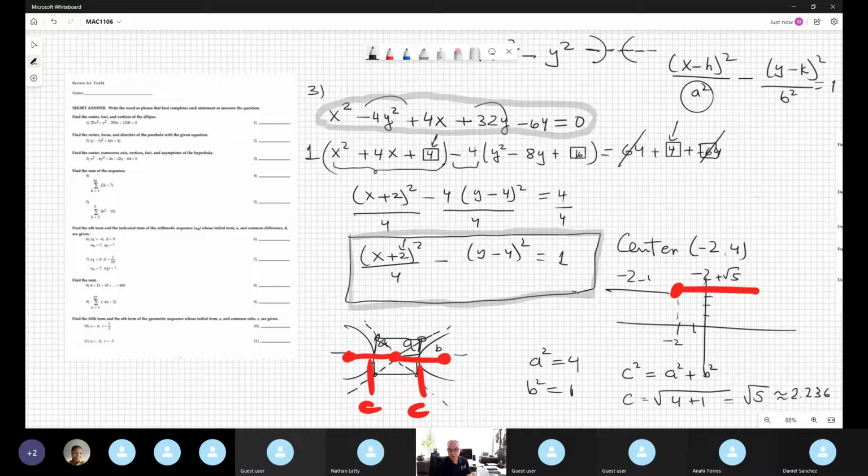And in the other direction is minus 2 minus radical 5. And you obtain focus 1 and focus 2.